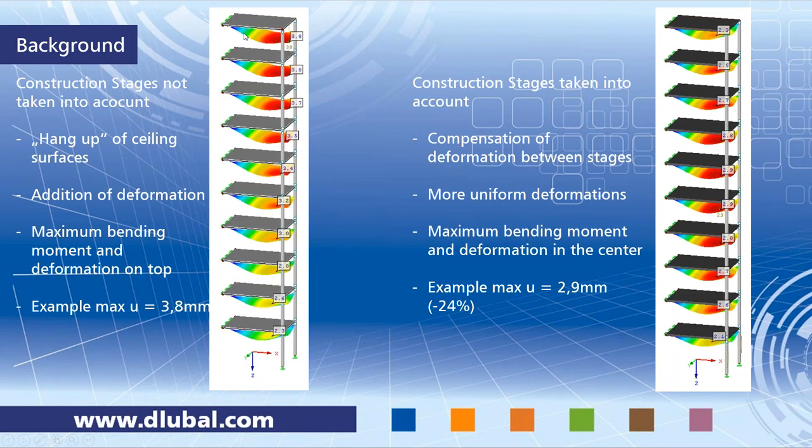And you can see in the graphic of deformations in the results that the deformations are increasing to the top of the building. That means we have the minimum deformation on the bottom, we have a maximum on the top in the red color. And this is like a hang-up effect of the ceiling surfaces. So there's an addition of deformation from the bottom to the top, and you will find the maximum bending moment and the maximum deformation on top.